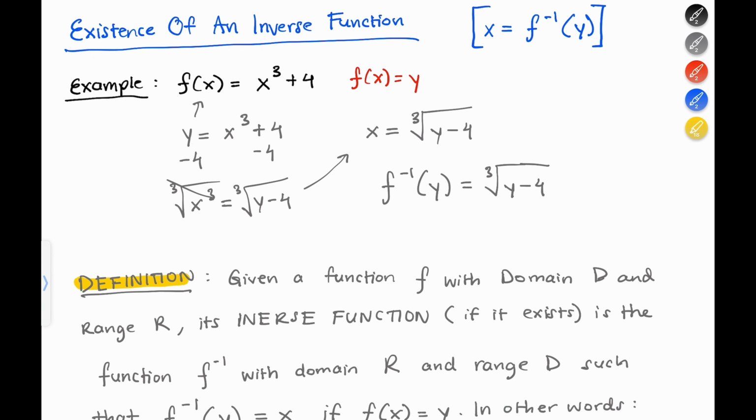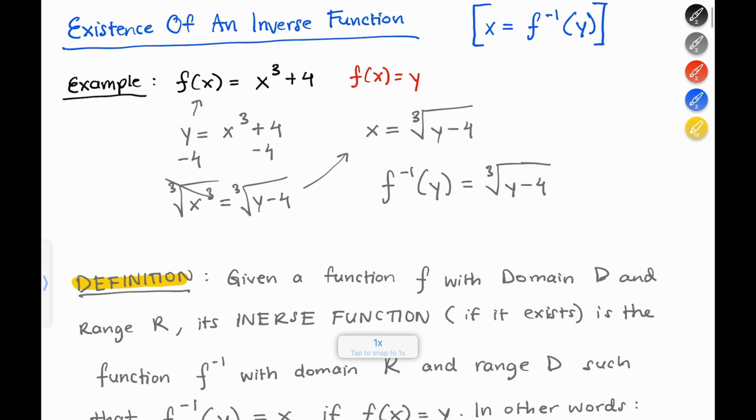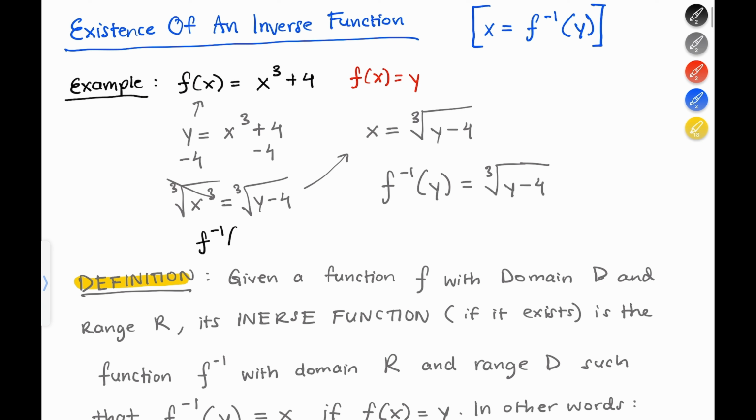Another cool thing to note is that if you were to take f inverse of our f of x, our original function, we would get the cube root, and instead of y this time we put in x cubed plus 4, and then there's a minus 4 at the end.